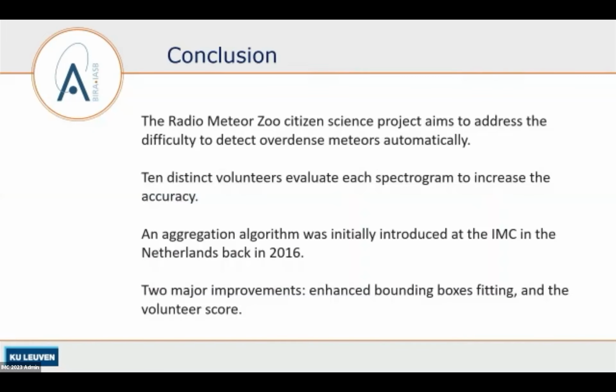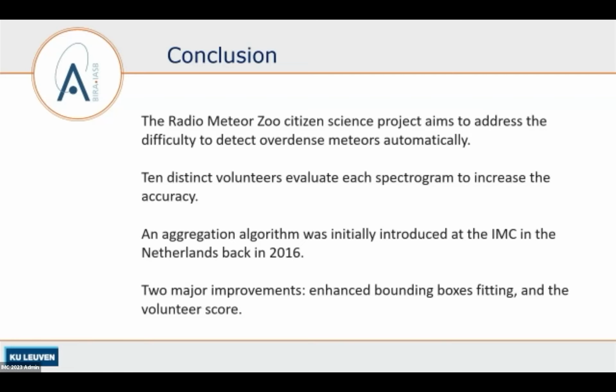Coming to my conclusions, the Radio Meteor Zoo citizen science project aims to address the difficulty of detecting overdense meteors automatically. 10 distinct volunteers evaluate each spectrogram to increase the accuracy, but then of course you need to aggregate these results from the 10 different volunteers.